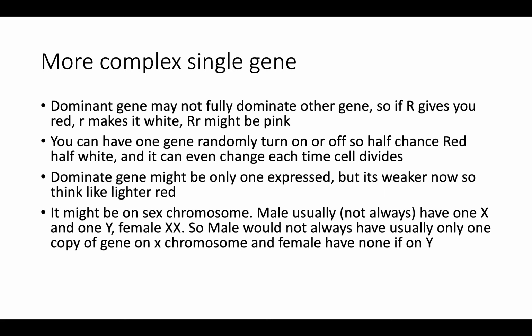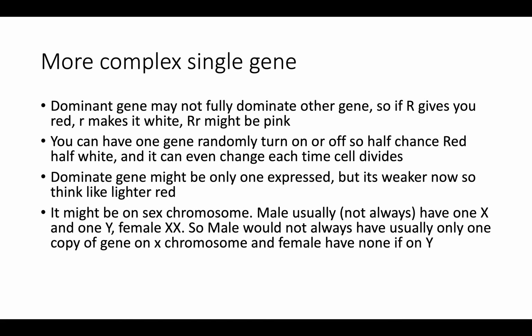Other ones, and this actually occurs with colors of a lot of animal patterns, like cows having spots, also stripes and spots on cats and more, is that sometimes one gene randomly turns on and off, and it's just completely random which one's on and off. And sometimes one can be a little more biased than the other.